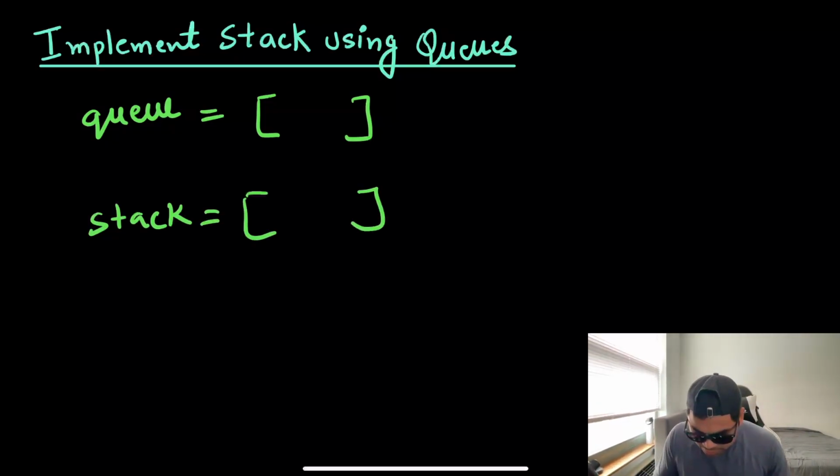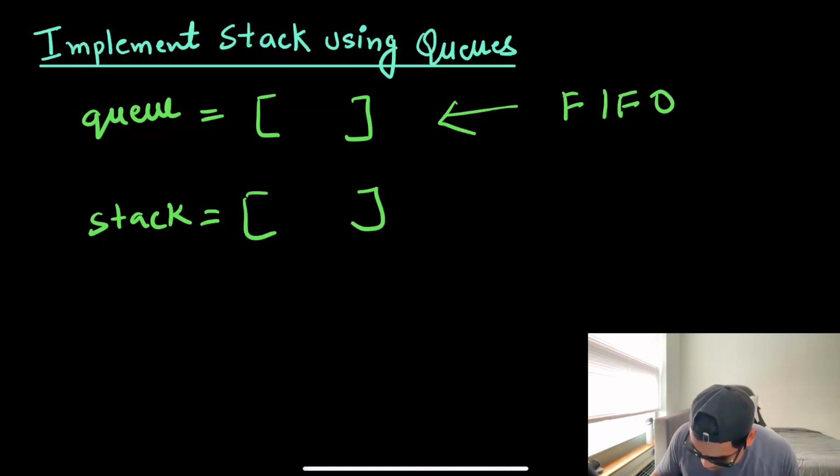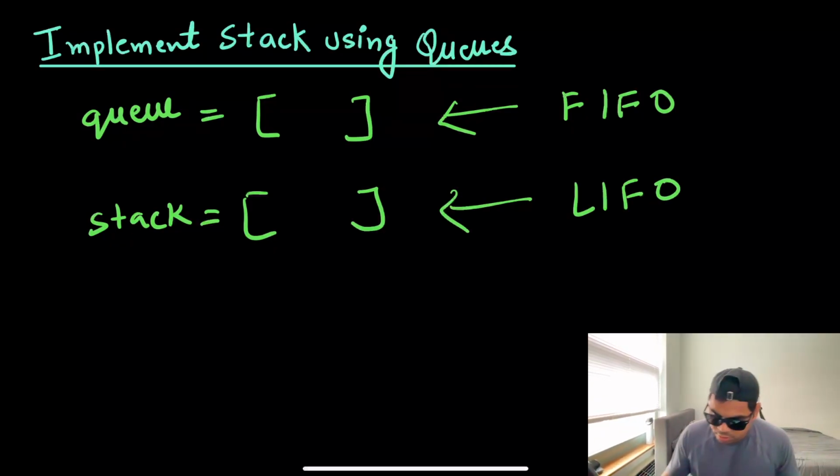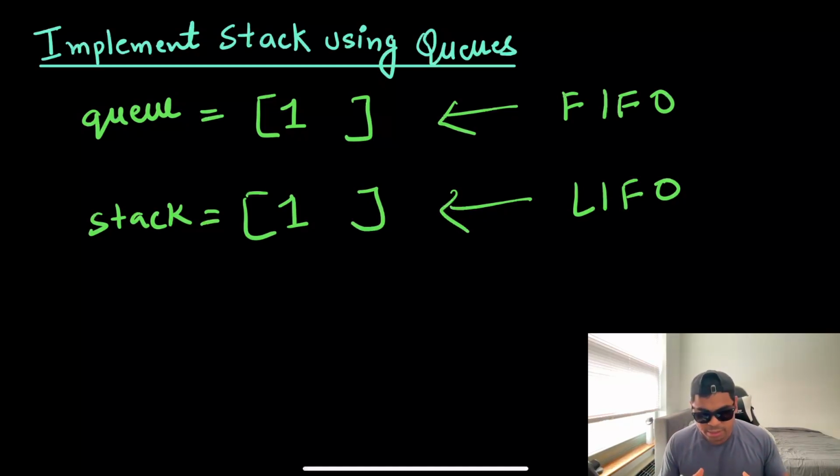Because a queue is a FIFO data structure and a stack is a LIFO data structure, if I'm pushing something, which is appending something to my queue, both operations in my stack and queue are going to be the same. I'm just trying to show the similarity and difference between queue and stack, so that we can actually implement stack using queue operations.